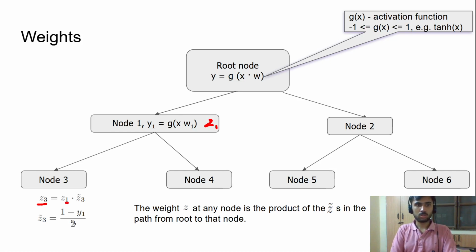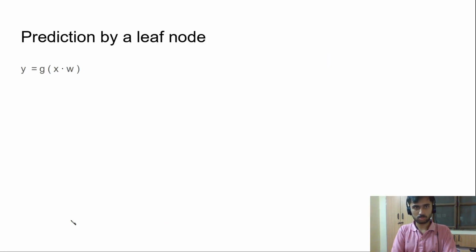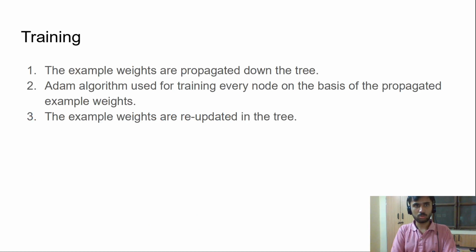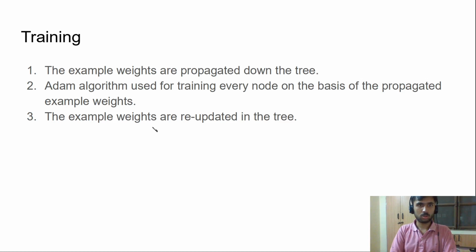This continues until we reach the leaf node. Then the Adam algorithm is used for training every node on the basis of the propagated example weights. We can see that in the loss function here, the propagated example weights zu are used. The example weights are then re-updated based on the new weights of every node.